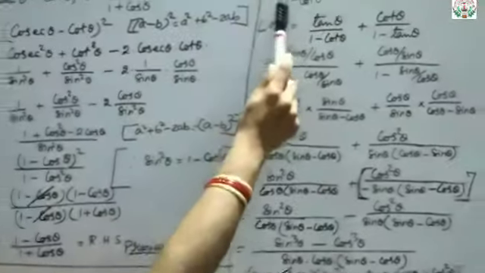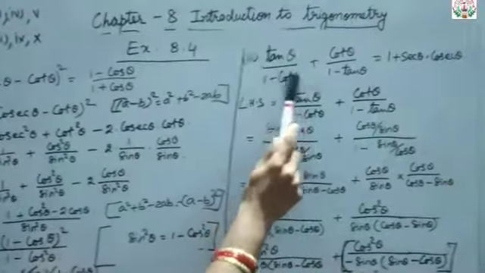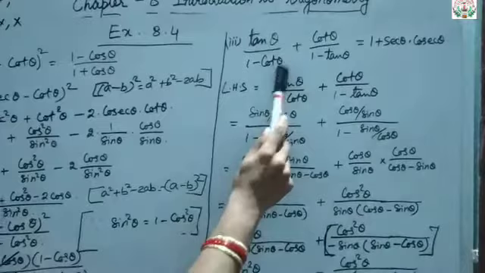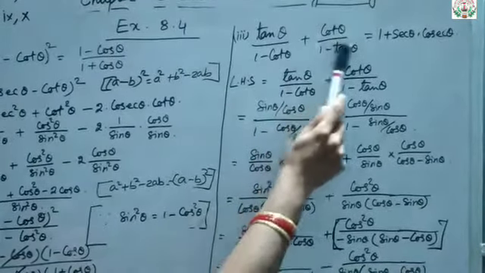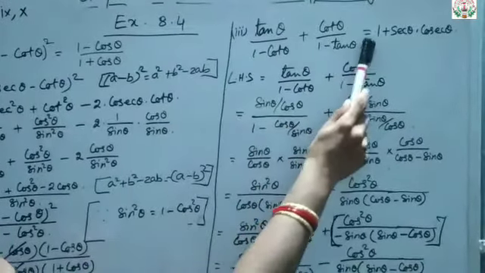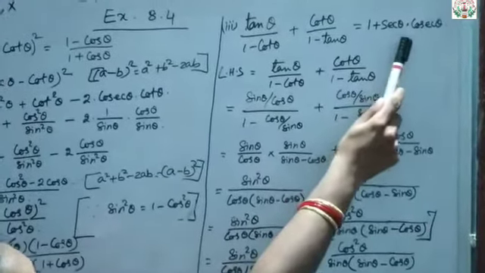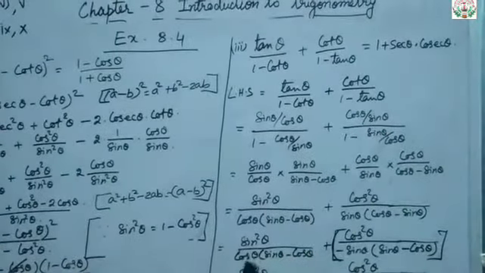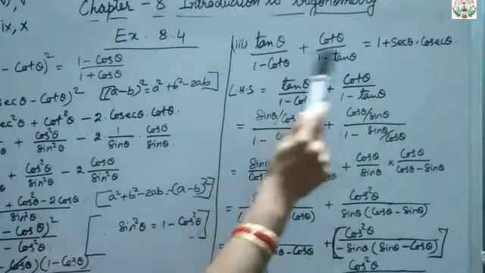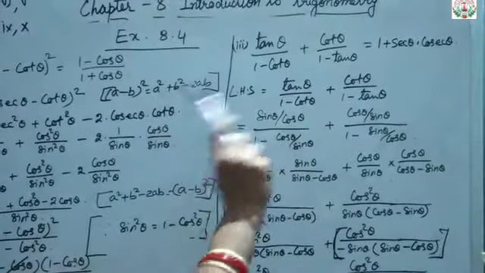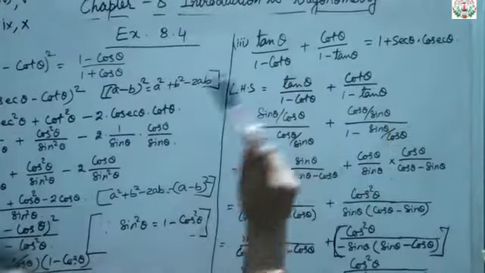Now the third question, see: tan theta upon 1 minus cot theta plus cot theta upon 1 minus tan theta equals 1 plus sec theta into cosec theta. Okay, so this is our LHS and that is our RHS. From LHS we have to prove the RHS.